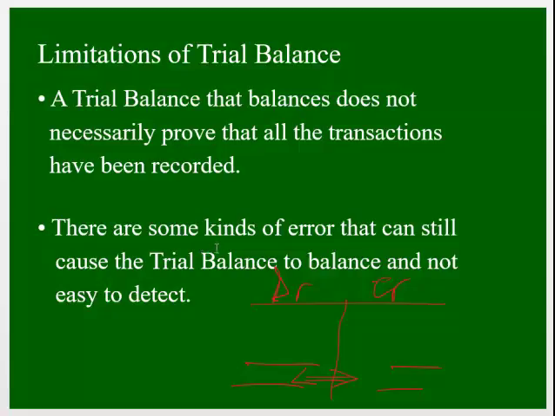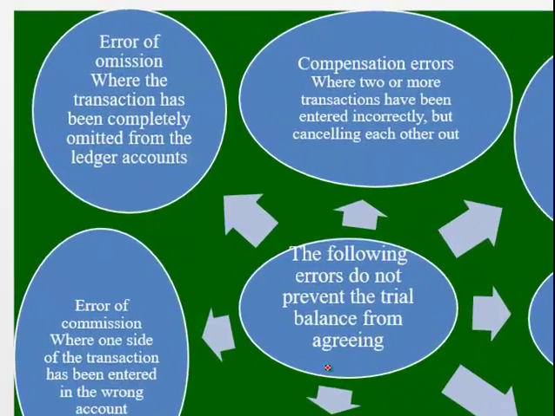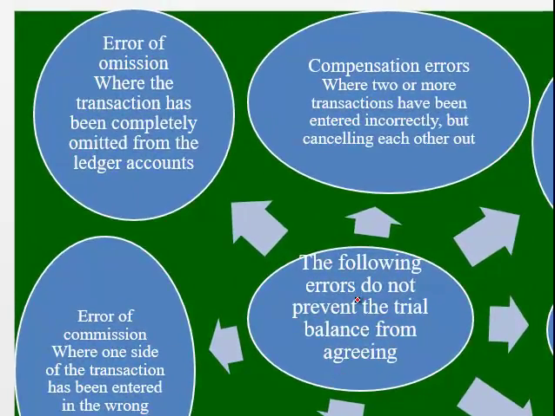Errors have been committed, but these errors do not necessarily affect our trial balance. Let's look at these errors. We are told that the following errors do not prevent the trial balance from agreeing, i.e., they are errors that do not affect trial balance.